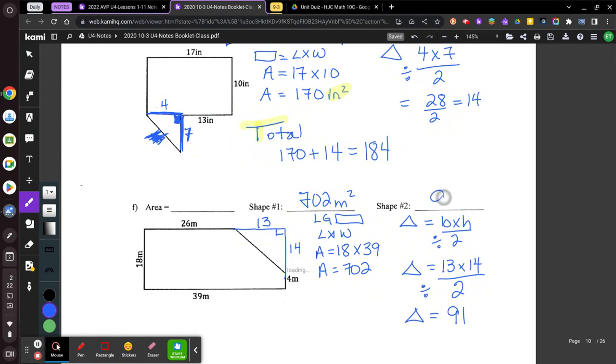So we get 91 meters squared from our triangle. On our total, on this one, we're going to have to subtract. So we're going to get 702 subtract 91. So the grand total will be 611. So 611 meters squared.